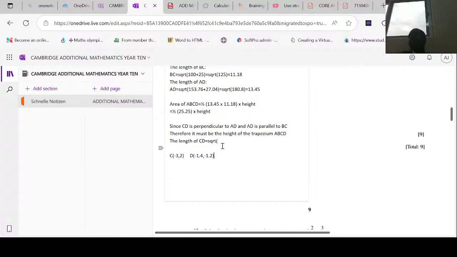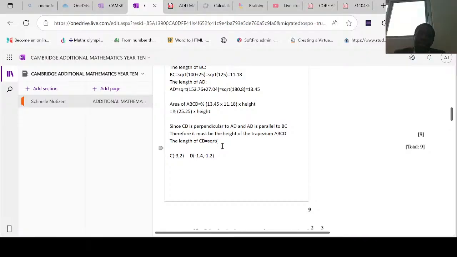So we'll now use it to find the distance, that is, the height. We are starting from C to D. Just make sure that whichever order you are going, you maintain that order. So now, negative 3, that's for our x2, minus negative 1.4. So that will be negative 3 plus 1.4.